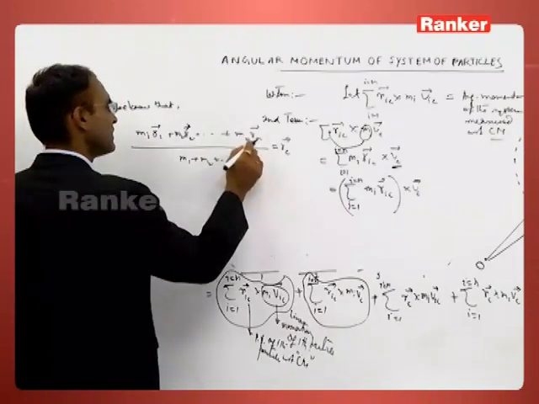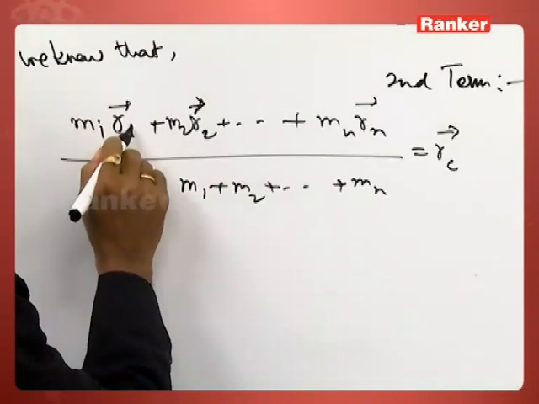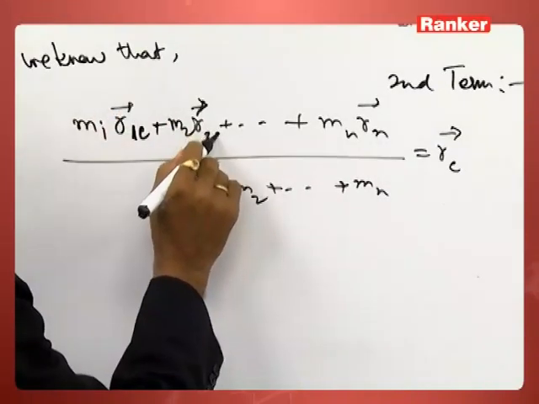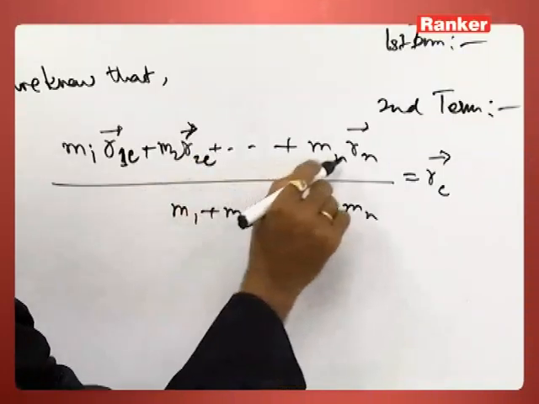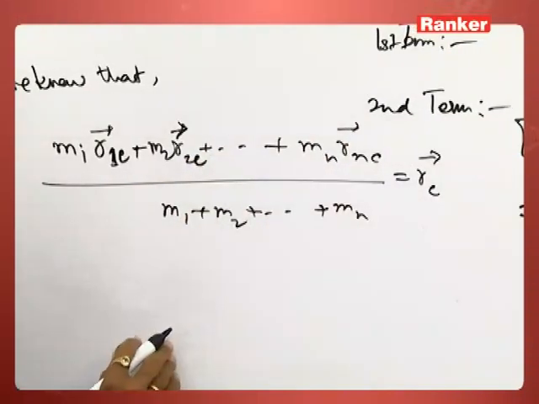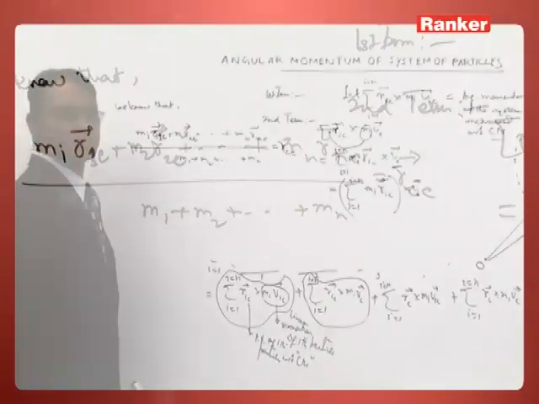If you take these position vectors with respect to center of mass, r1c, r2c, rnc, this will be r_cc.